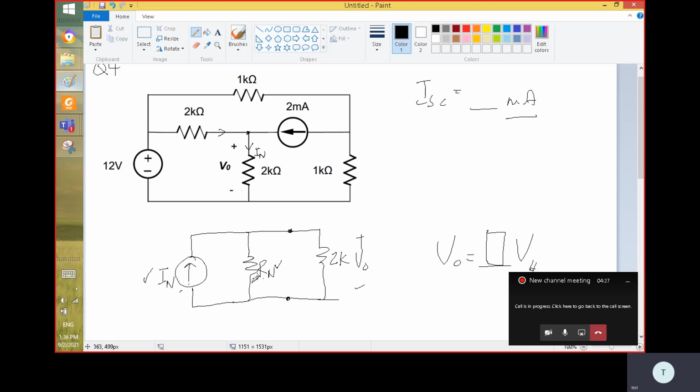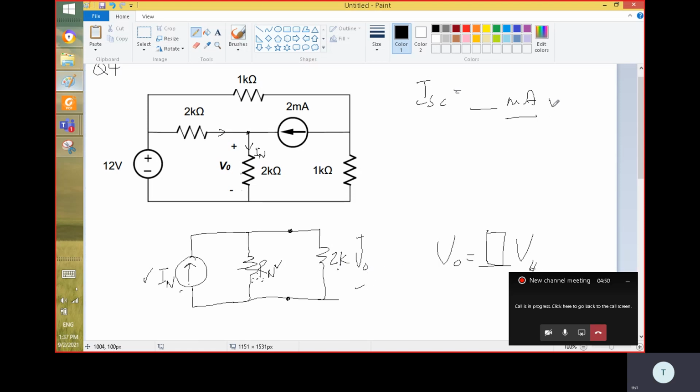You find all the resistance in the circuit, the Norton resistance, and then you put the Norton resistance and the 2K here in parallel. Then you can calculate the V out easily.